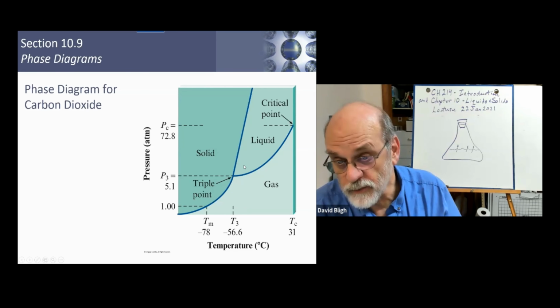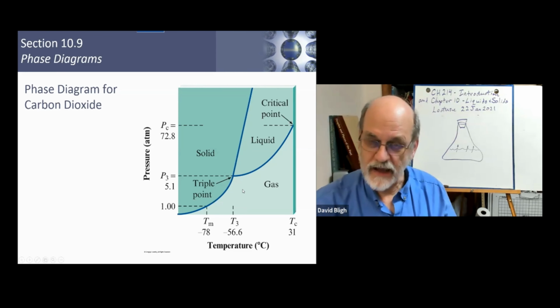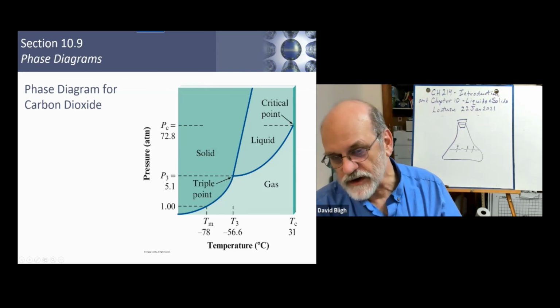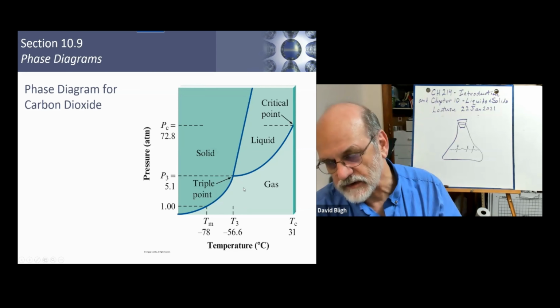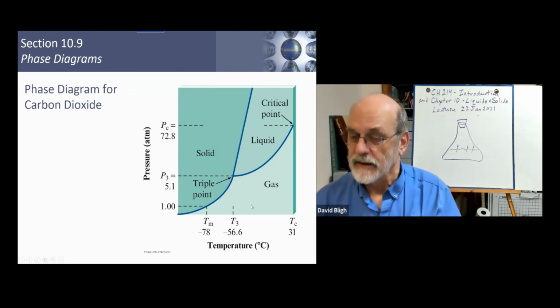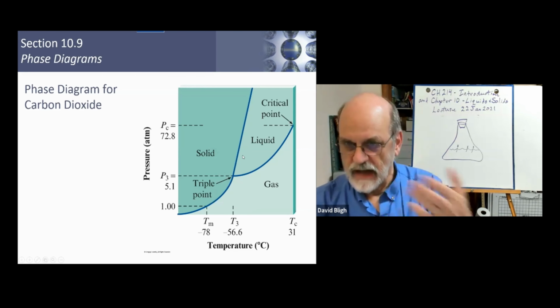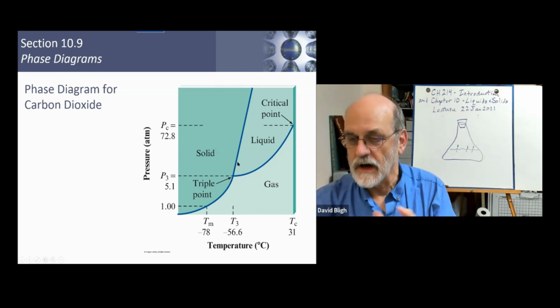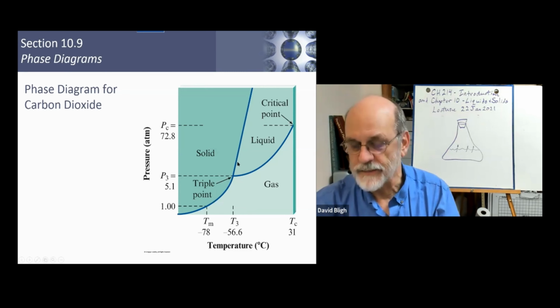Or we would keep going from liquid to gas. Okay? Or if we held the pressure constant and we moved the temperature, we could go, by increasing the temperature, solid to liquid, or from here go solid to gas. Okay? That's a common characteristic of phase diagram for any substance.